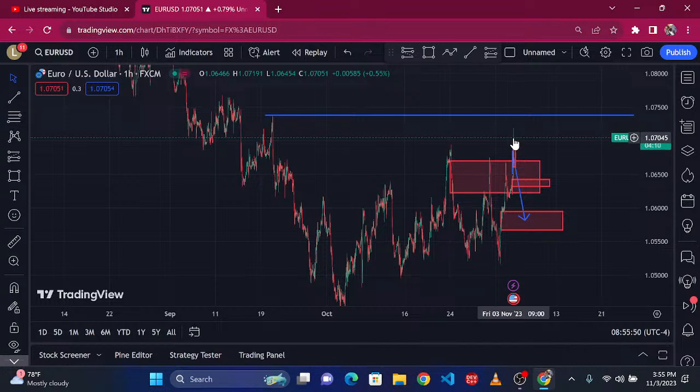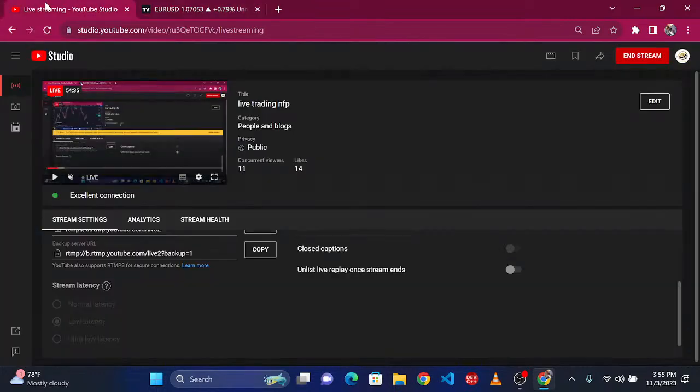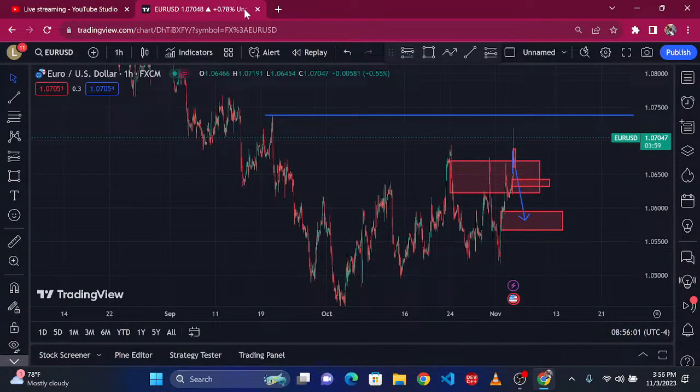It is coming down slowly and slowly. We want it here. Those are still on. It's a good time.